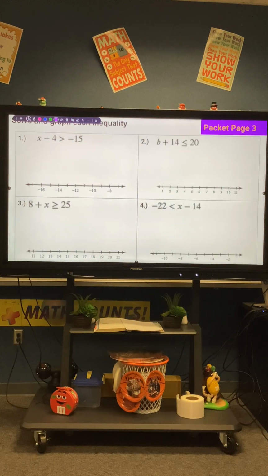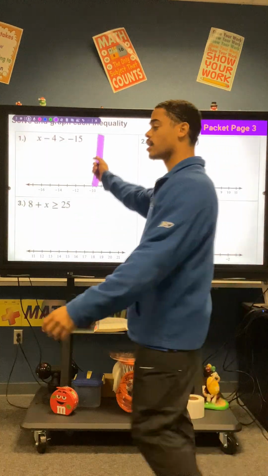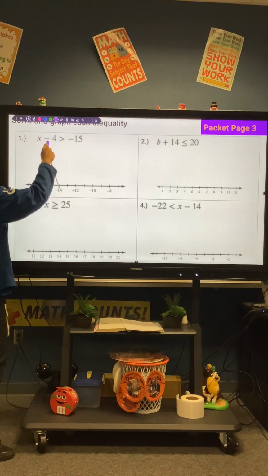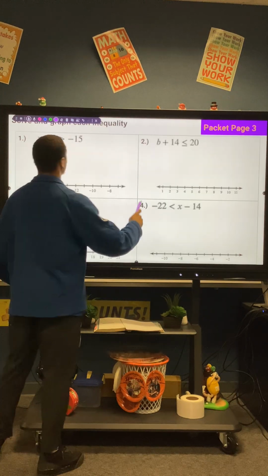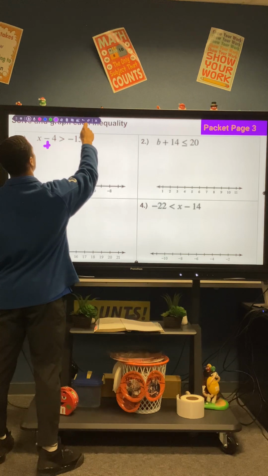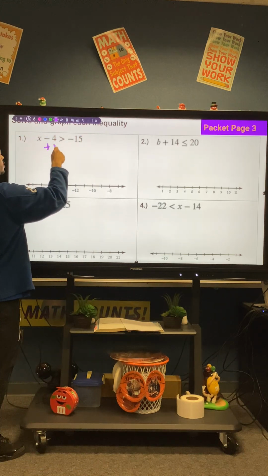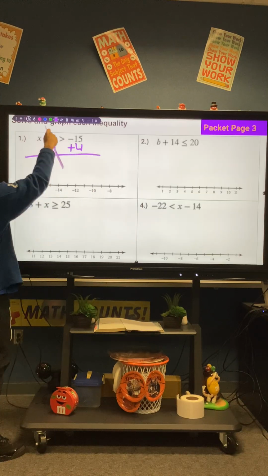So now we're going to solve things. You remember how we started solving equations? Now we're solving inequalities. Same objective. We want x to be isolated on its side by itself. So the first thing I'm going to do in this question is take my positive 4 and add it. Add 4 to each side, and cancel those out.